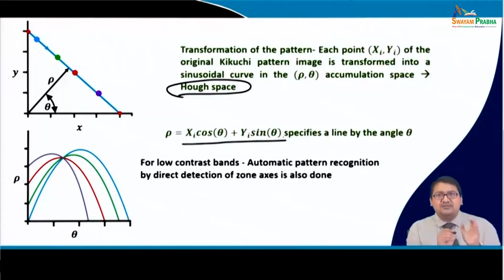In this way, even if any Kikuchi band has a little lower contrast, the automatic pattern recognition easily recognizes those patterns, because the intensity of the half spot is a little more prominent than the intensity of the Kikuchi bands, and this helps us to directly determine the zone axes of these Kikuchi bands too.